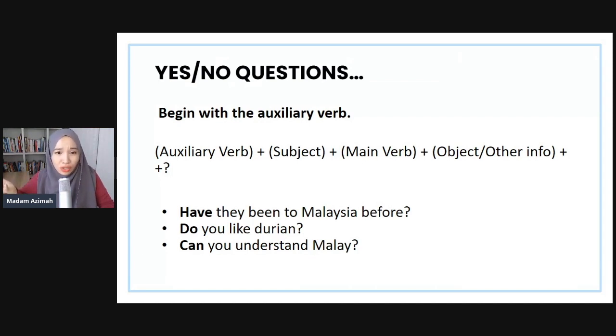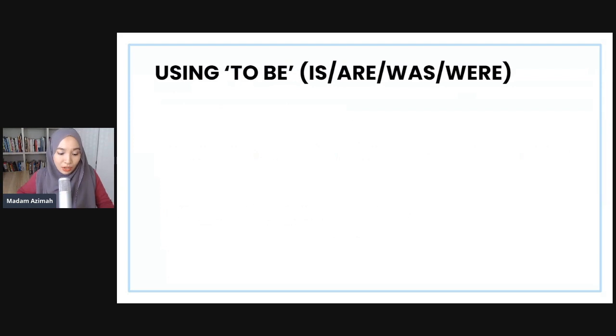So yes, no questions mean that when you ask that question, they can just simply answer yes or no. For example, have they been to Malaysia before? Do you like durian? Can you understand Malay? And they can just answer yes or no. But it's up to them if they want to elaborate. But these are basically simple, direct questions.